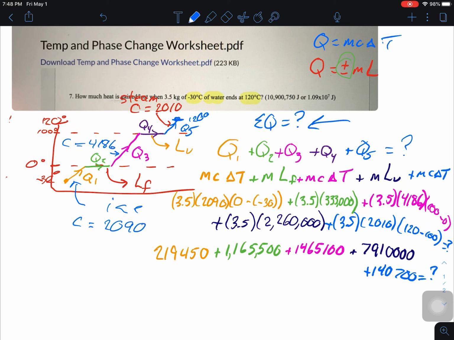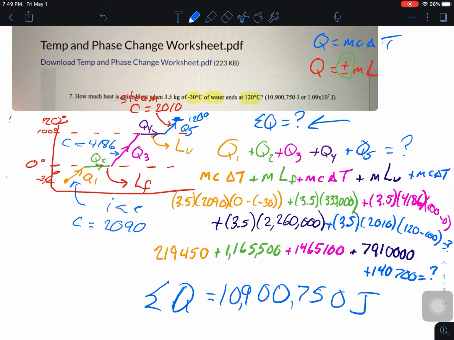Now all we have to do is add this plus this plus this plus this plus this. And when we do that, what we get is the sum of all my Q's equal to 10,900,750 joules.